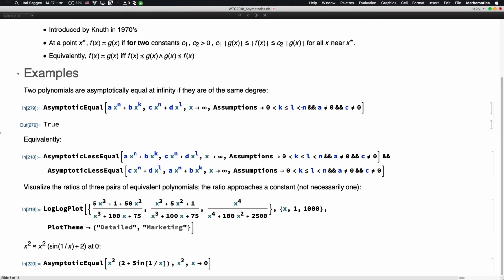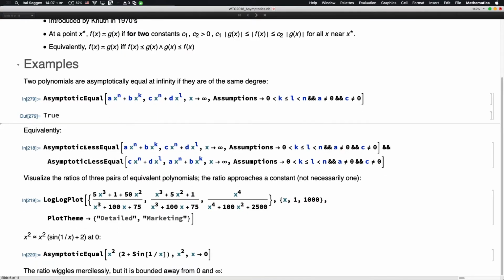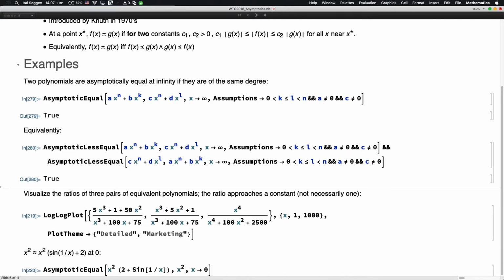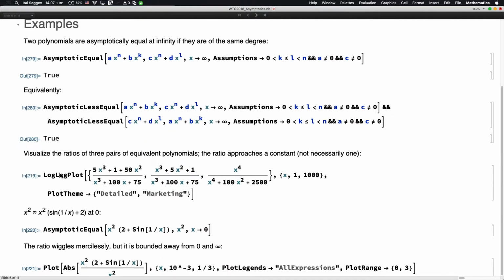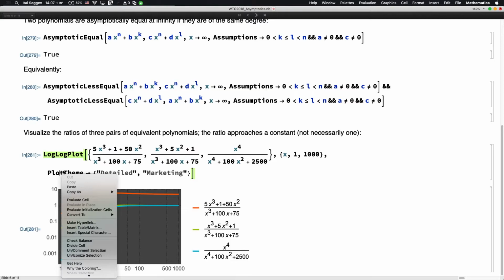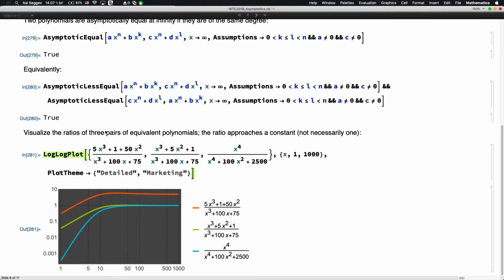An equivalent definition is f is asymptotically equal to g if and only if f is less than or equal to g and g is less than or equal to f. So some examples. Two polynomials are asymptotically equal at infinity if they have the same degree. So I have a x to the n times b x to the k and c x to the n times d x to the l.